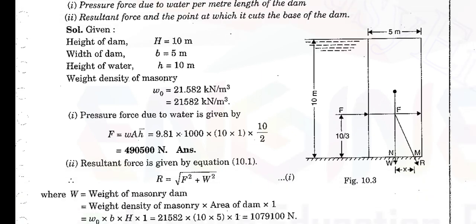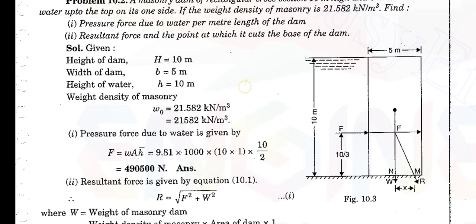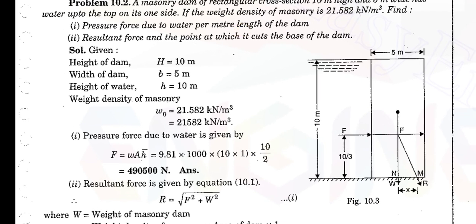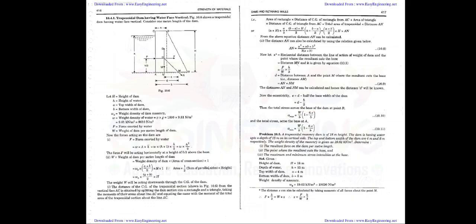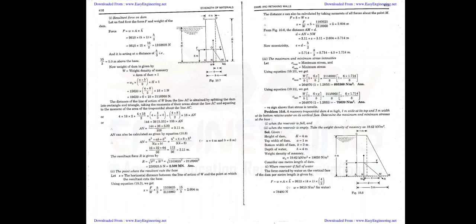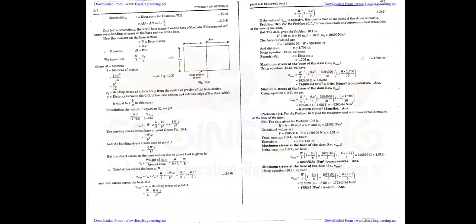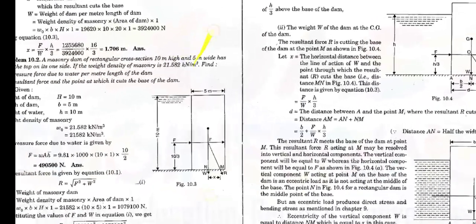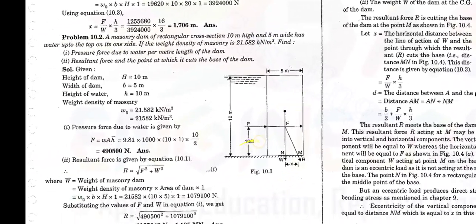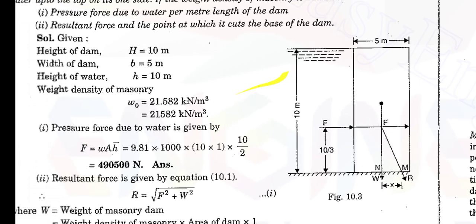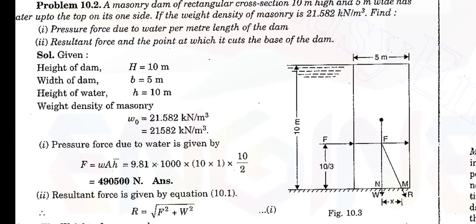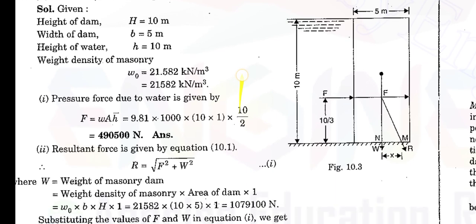Then 1 is nothing but the length, per unit length. You can see that the 10 meter is the height and the 1 meter is length. So in the question itself it is given per meter length, so 1.